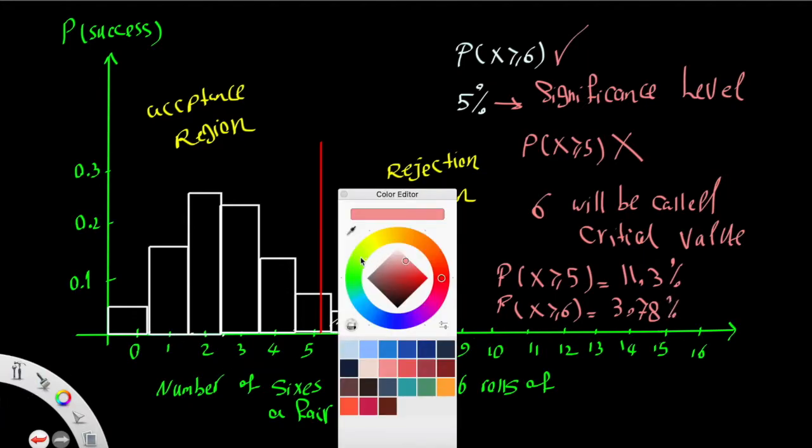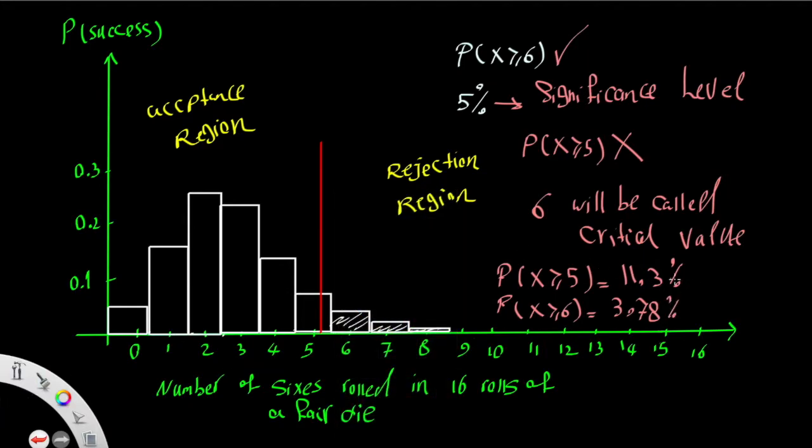Here you clearly see that the first is greater than 5%, but the second is less than 5%. That's why one is not completely in the rejection region, but the other is. So we will have two regions: rejection region and acceptance region. This 5% will be called the significance level, and here 6 will be called the critical value.